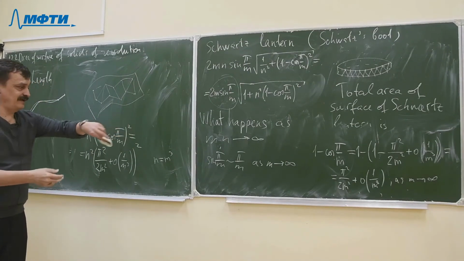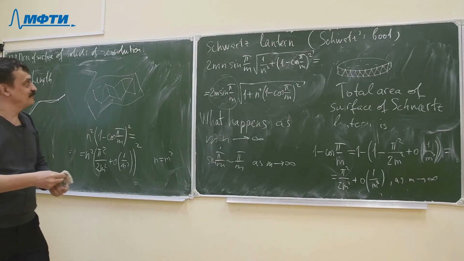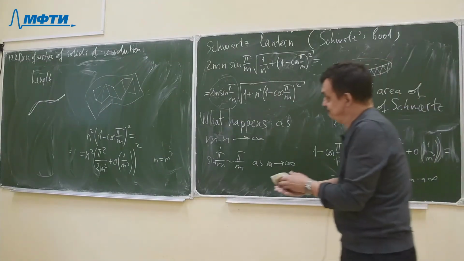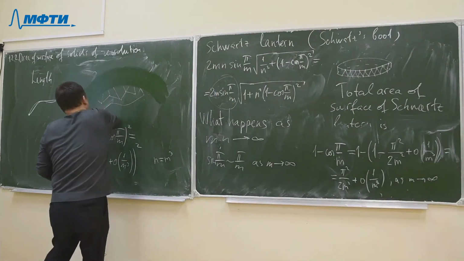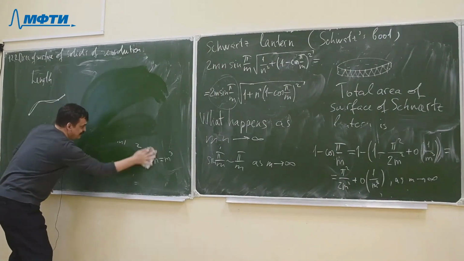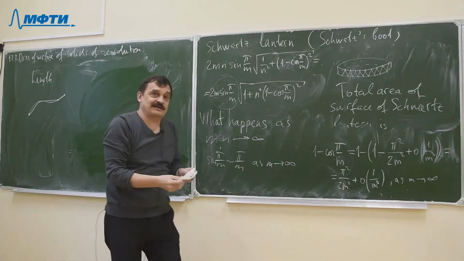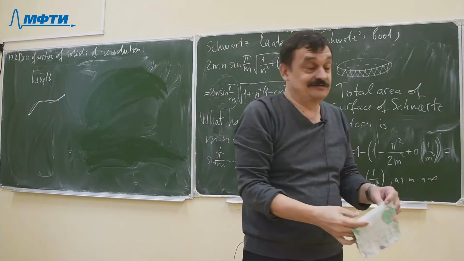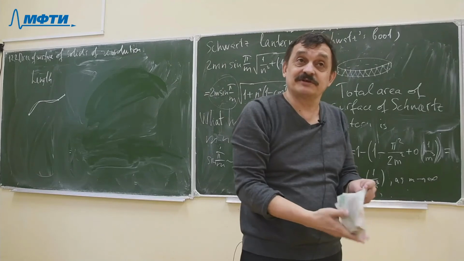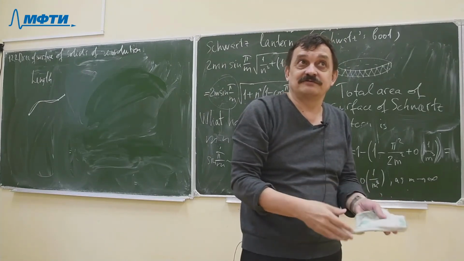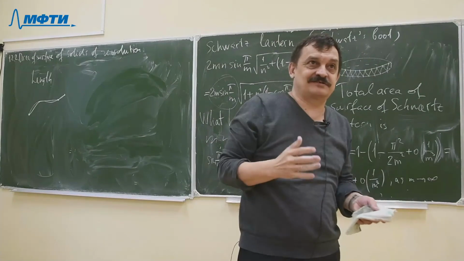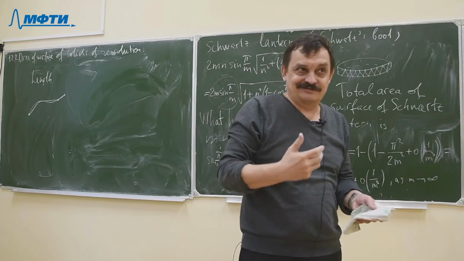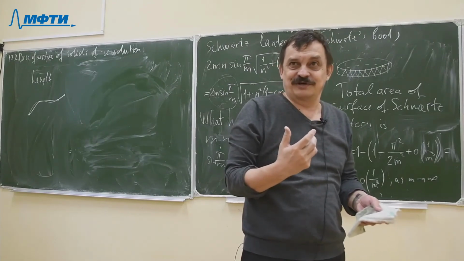So, okay, of course I spent a lot of time on this Schwarz lantern, but I like it very much. This story shows that sometimes it is very important to think about the definition. And you see, very famous mathematicians, I mean, one of the top mathematicians of the 19th century, didn't think about the definition and used it for a while.